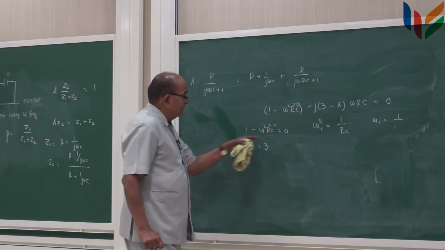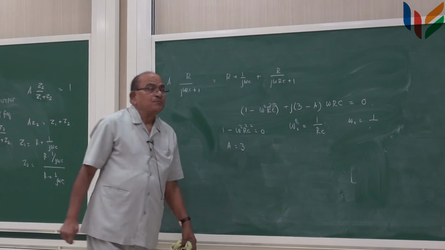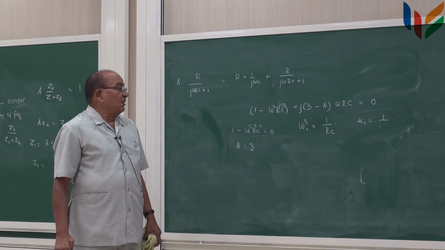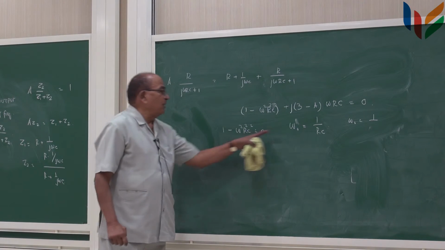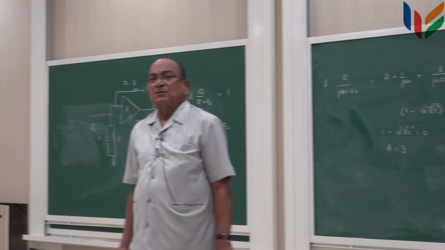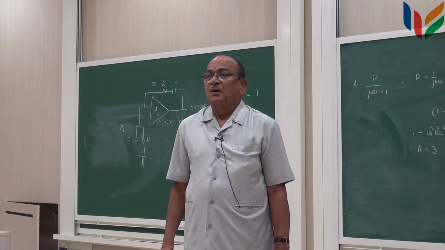Just check at home, but this is correct. So omega naught must be equal to 1 by RC. This will oscillate at a radian frequency given by 1 by RC.